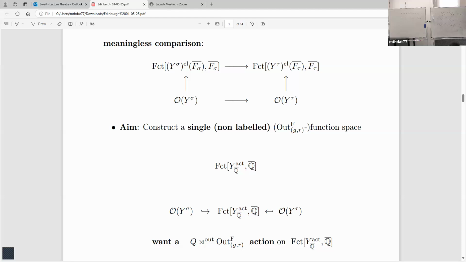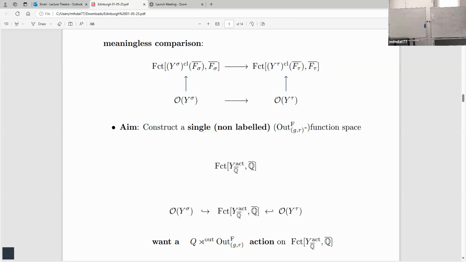And one wants to construct closed points of curves or coverings of curves which are non-labeled and which live at the level of out F. And one wants to achieve such a construction such that the various labeled objects that we constructed embed naturally in here.